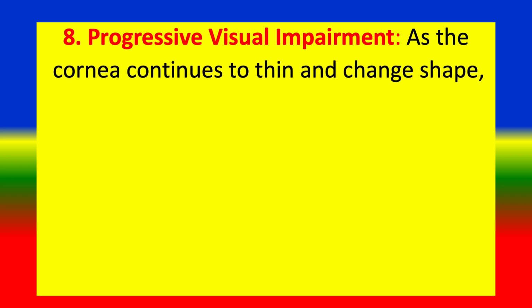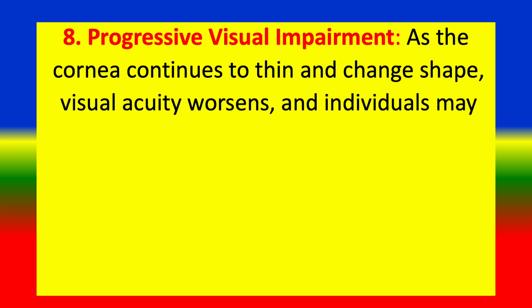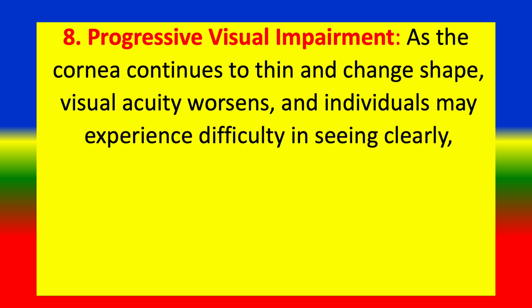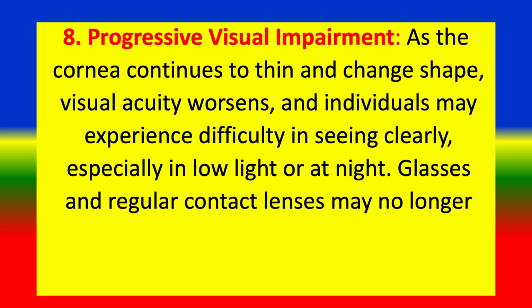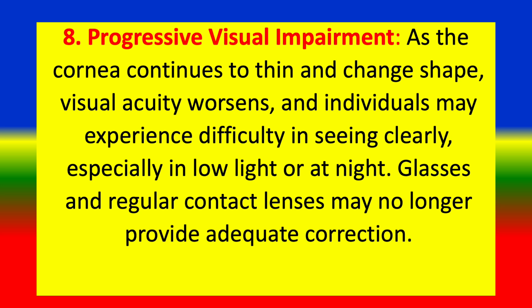As the cornea continues to thin and change shape, visual acuity worsens and individuals may experience difficulty seeing clearly, especially in low light or at night. Glasses and regular contact lenses may no longer provide adequate correction.